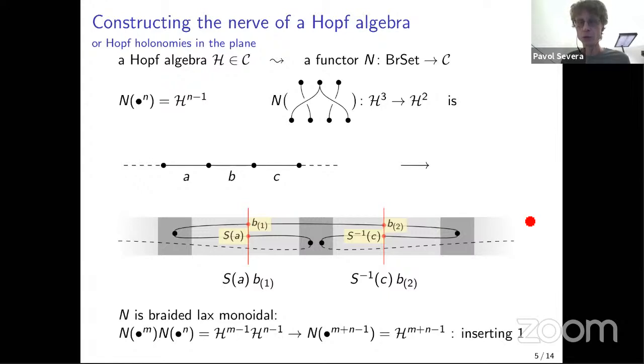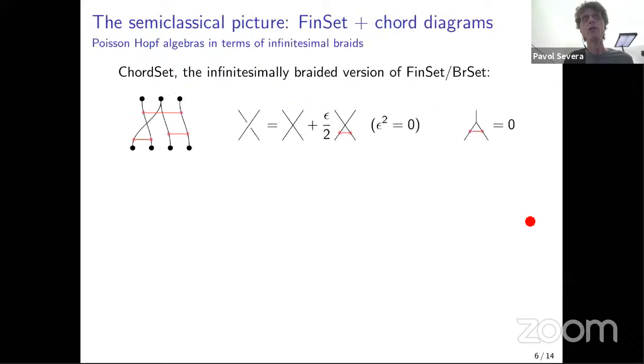So what shall we do? We shall find yet another simplex category, and then the theorem will be the same. So in place of either finite sets or those braided sets, we'll have something which is in between, a kind of semi-classical deformation of finite sets to braided sets, like the first order deformation.